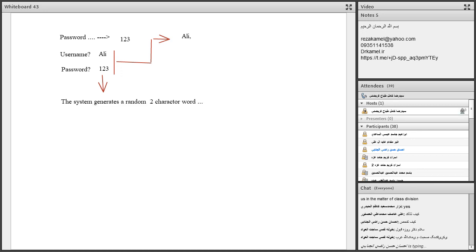So the system creates random 2-character words. For example, the system creates capital M and X. Then it adds 1, 2, 3 to M and X, and it calculates the hash of 1, 2, 3 MX, and it comes something like this.